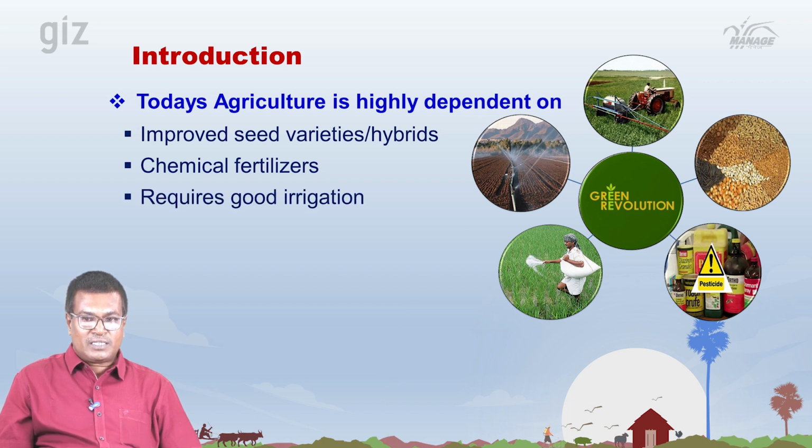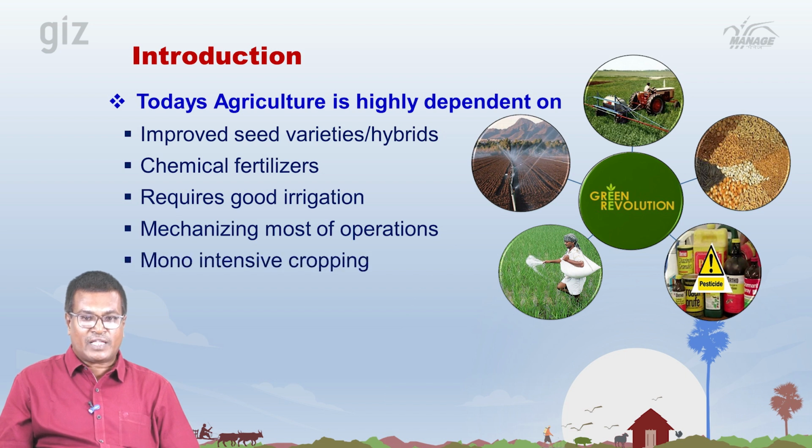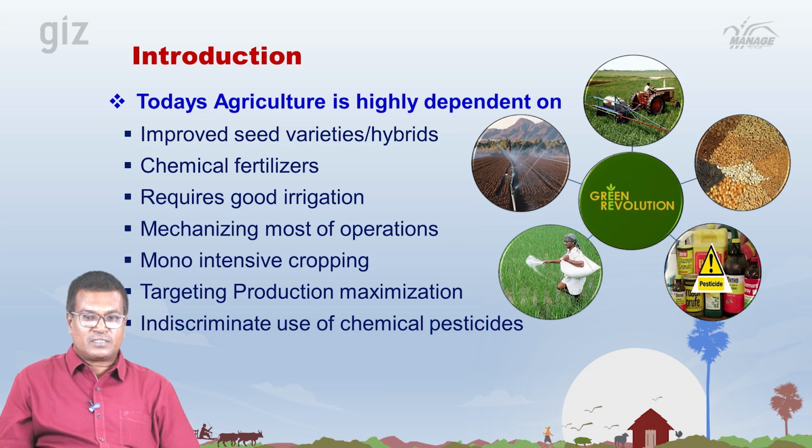They are using machines in most of the operations, and they also take crops throughout the year repeatedly, one after the other, utilizing the soil for the entire year. So they are intensive in their cropping pattern. All these activities they take up are targeted at maximizing production. In this process, they are indiscriminately using chemical pesticides to ward off any unwanted biotic pressure like a pest or disease or a weed that comes to spoil their intention.